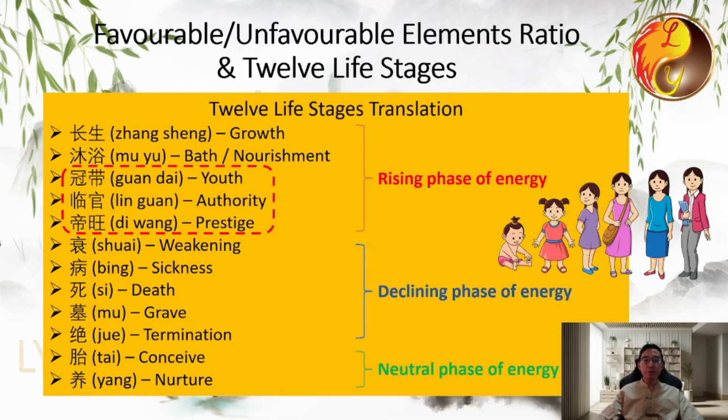The ratio of favorable versus unfavorable elements in one's life also reflects how much good luck they will have. The 12 life stages can show what achievements a person may attain and at what ages. For example, some people may never reach the stages of youth, authority or prestige, and all of this can be analyzed and interpreted.